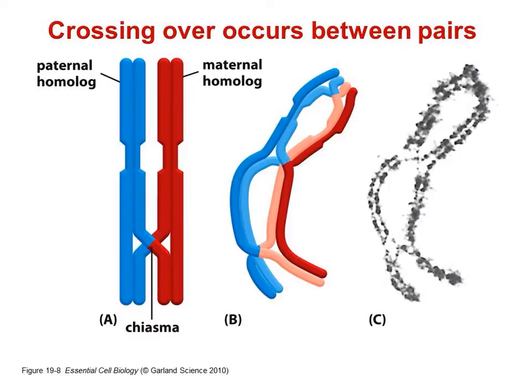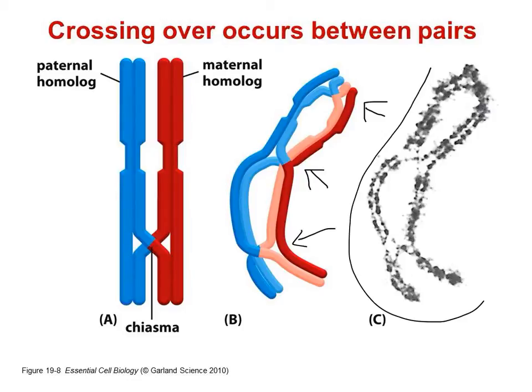This is showing you a little bit more detail of these potential crossover events. In this particular bivalent structure, you'll notice there's actually 3 chiasmata, and an electron micrograph that represents a chromosome that was drawn in cartoon here is shown to the right, highlighting obviously these important crossover points.